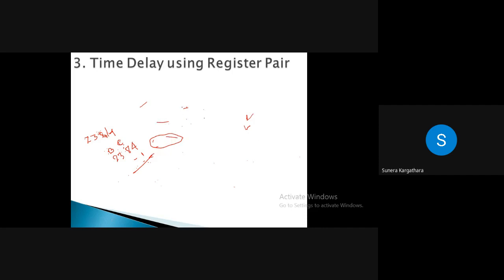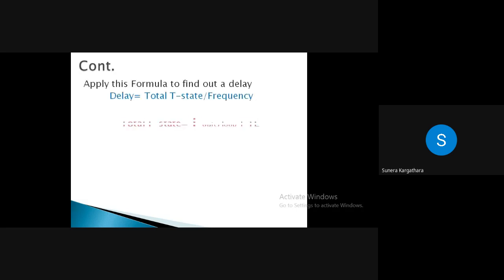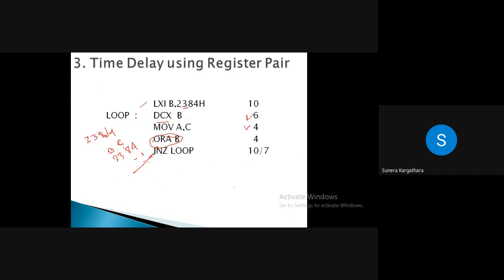Previous case में easy था. देखो यहाँ पे simply क्या था, you are writing one register and you are checking the condition of that particular register whether it will become 00 or not. But here instead of register you are using register pair, so you need to make sure कि ये पूरा register pair 00 हो जाए, right? How you will make sure? आप DCX कर रहे हो तो C का तो obviously decrement हो रहा है, but whether your B is also 00 or not, that we want to make sure. तो वो हम किससे करते हैं?